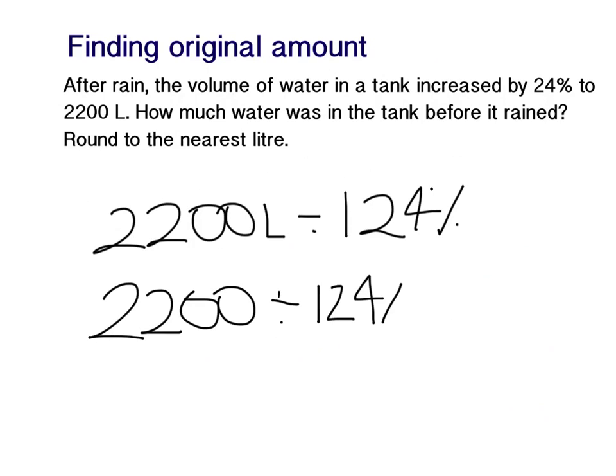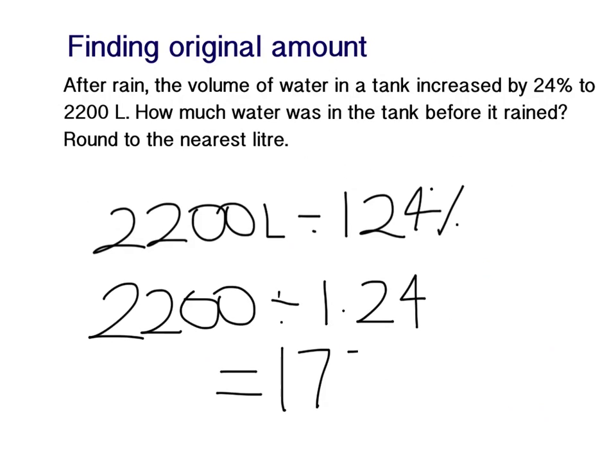What's another way to write 124% that's a bit cleaner? 1.24. If I do that, my answer, when I round it, becomes 1,774 litres. 1,774 litres was the original amount. 2,200 was 124%. If I divide 2,200 by 1.24, I will find my original amount. And it's as simple as that, guys.